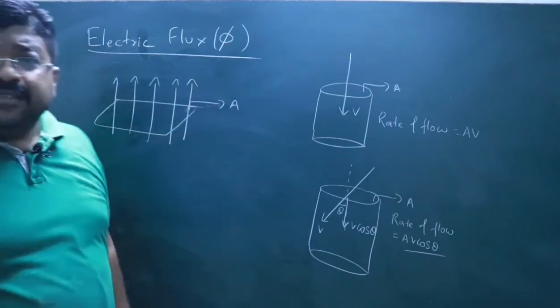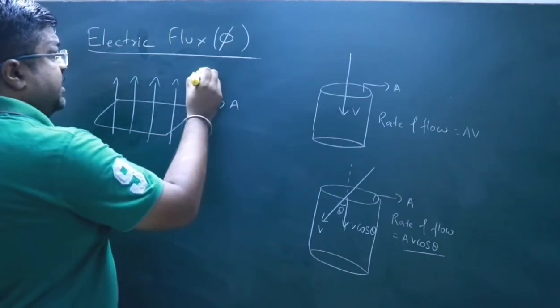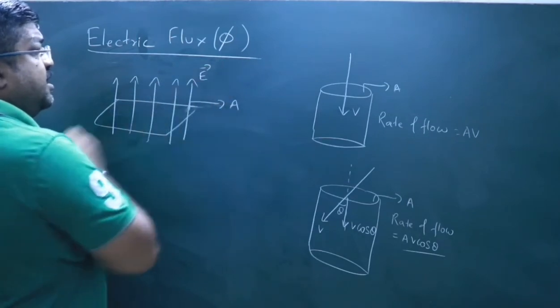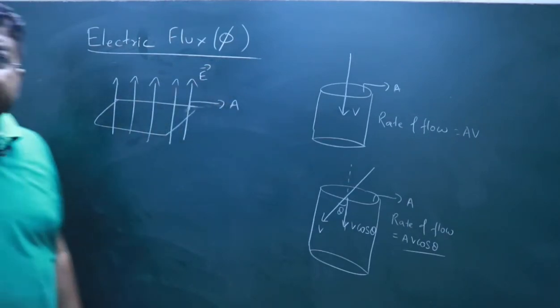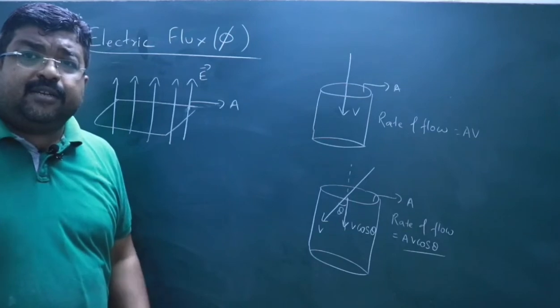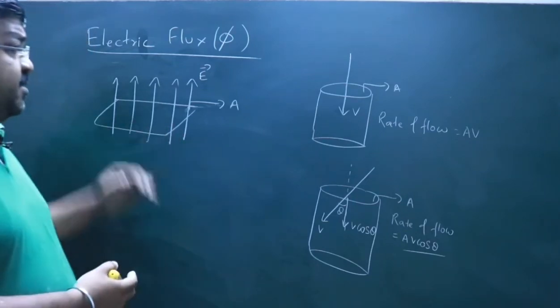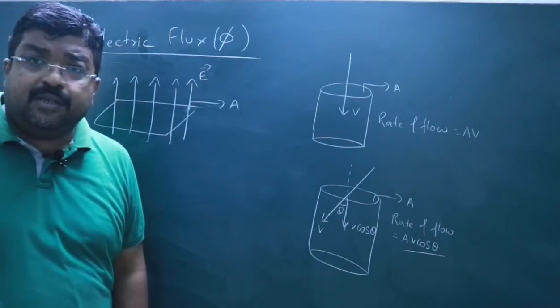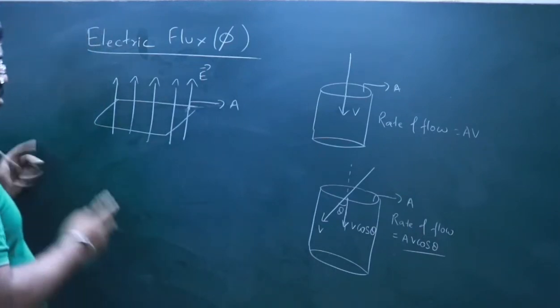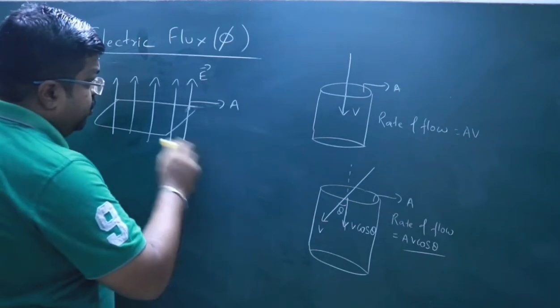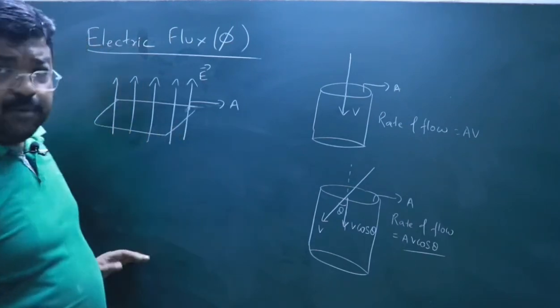So these are electric field lines, directed upward. Now we can say that this is the number of lines which is passing through this area. Correct? Here the electric field intensity is normal to the area.